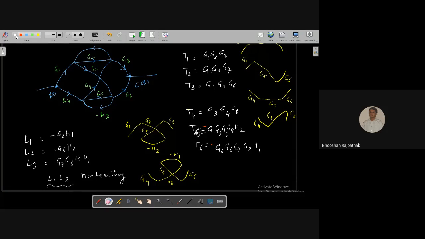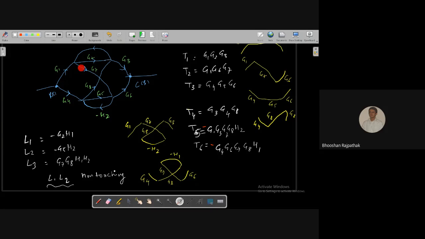L1, L3, L1, L2. Okay, so loops which are non-touching to forward path. Now there are multiple forward paths, but out of them there are some forward paths where some of the loops are non-touching. Clearly, you can see this.